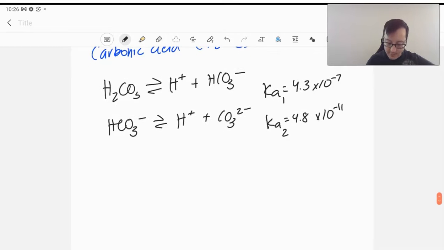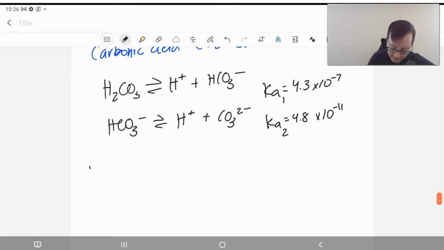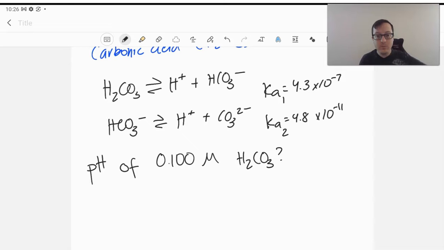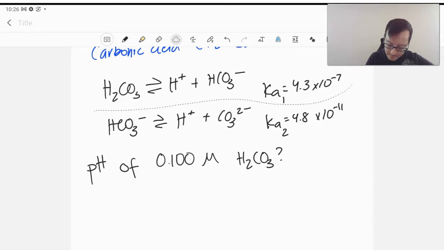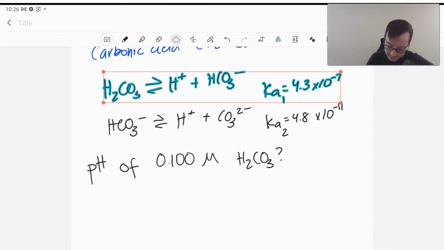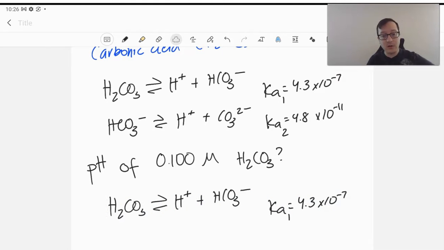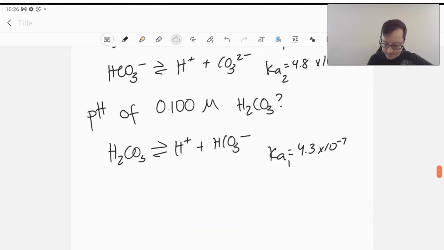So let's go ahead and say we have the pH of 0.1 molar H2CO3. Let's see if we can calculate that. With the first one, I'm going to just copy paste here. We have our Ka and we have our equation.